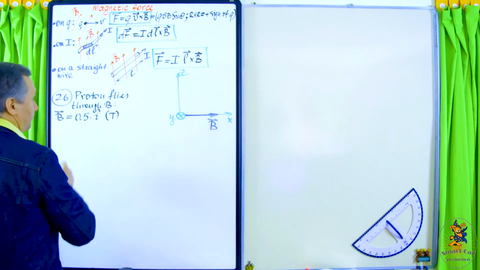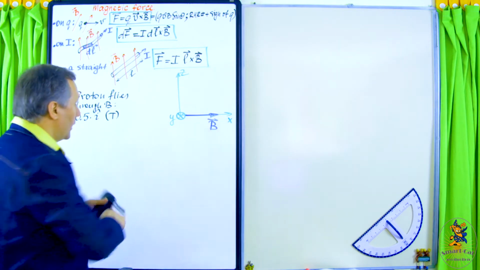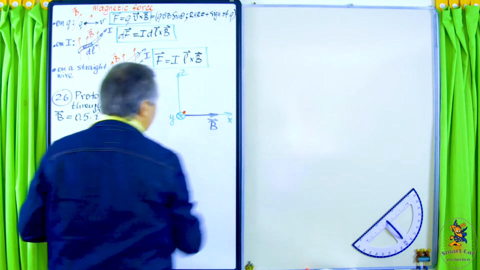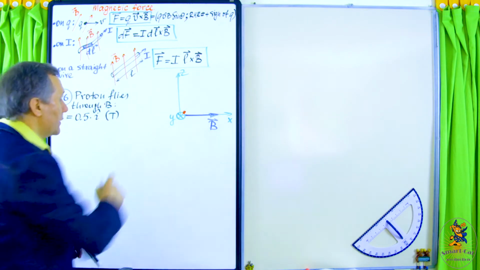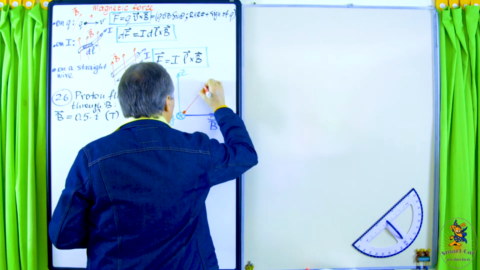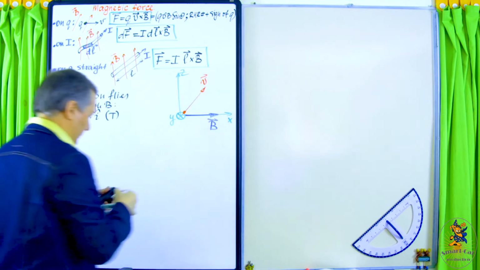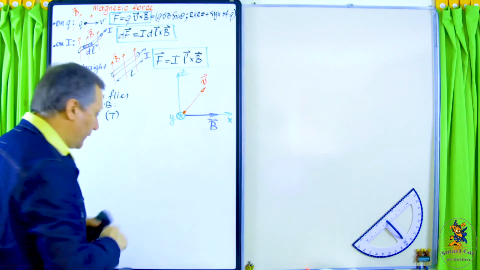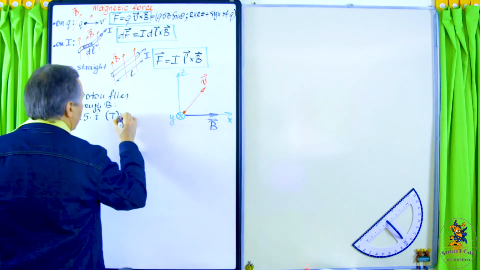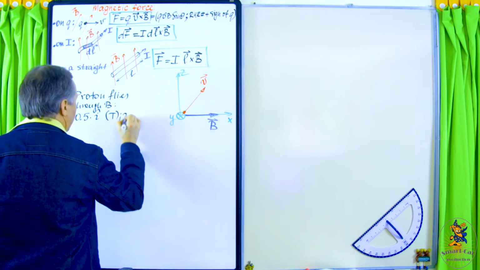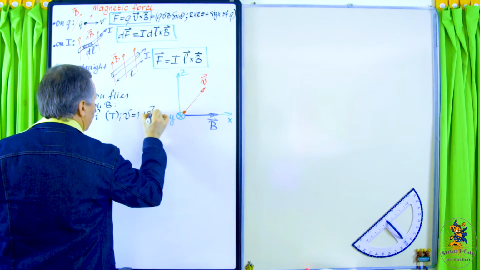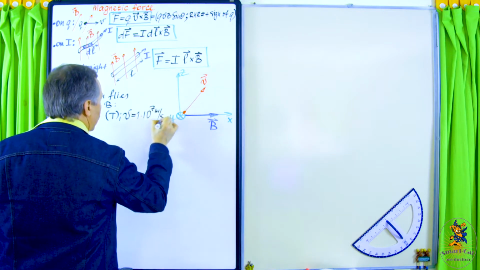Then a proton flies, so let's say this is my proton, and it flies in the xz plane in this direction. So that's v. The value of v, V equals 1 times 10 to the power of 7 meters per second.